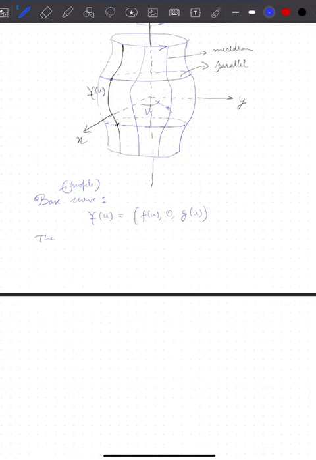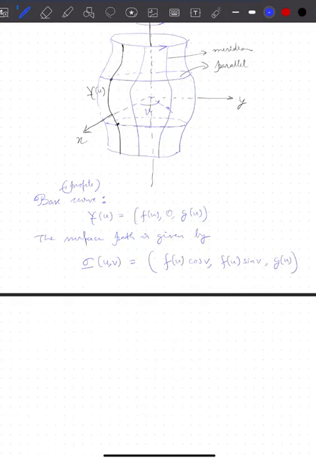And the parameterization of the surface, or maybe the surface patch, essentially, is given by sigma vector u comma v is equal to f of u cosine v, f of u sine v, comma g of u.